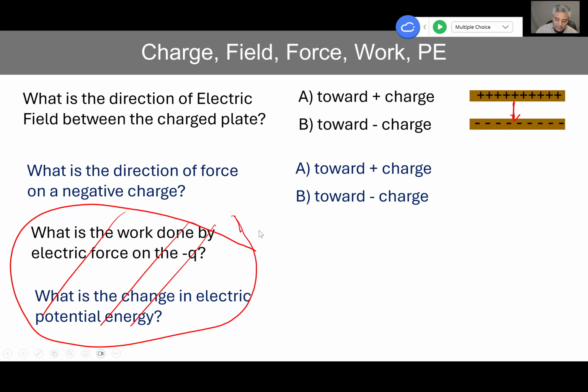Now, what is the direction of force on a negative charge here? For example, let's say I were to bring a negative charge here, what would be the direction of force?